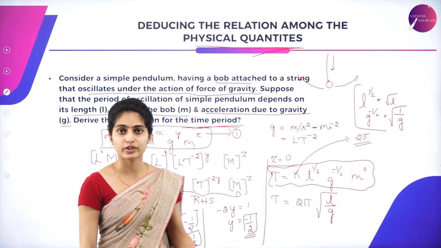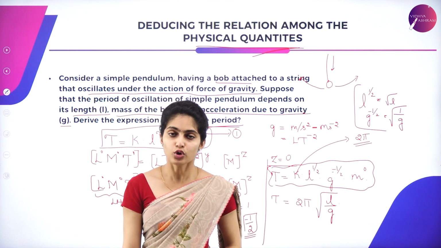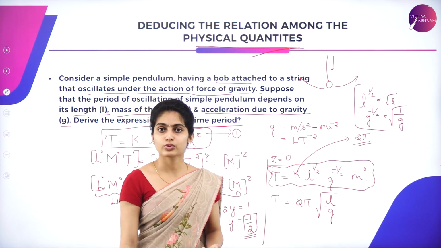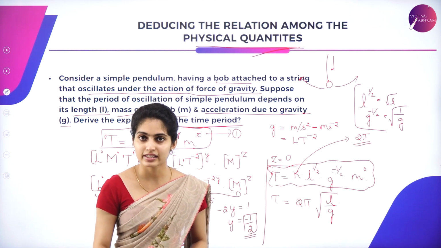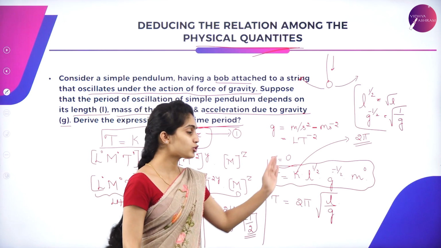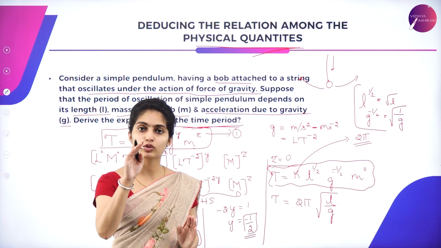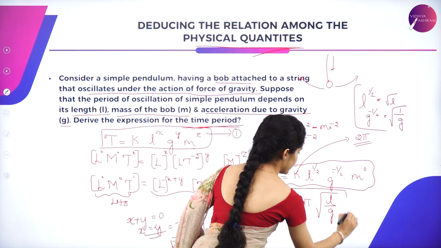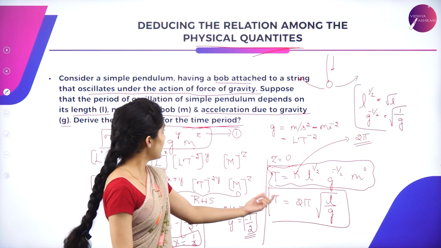So T is equal to 2 pi into root of L by g and M to the power of 0, that is 1. So there is nothing to be calculated there. Something to the power of 0 is always 1. Okay, so it is T is equal to 2 pi root of L by g.